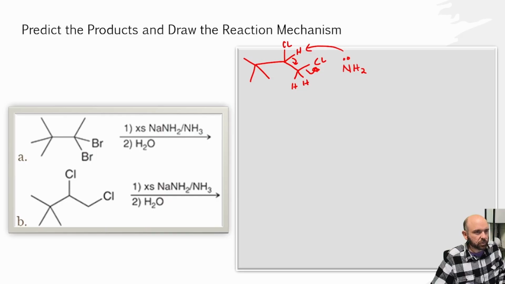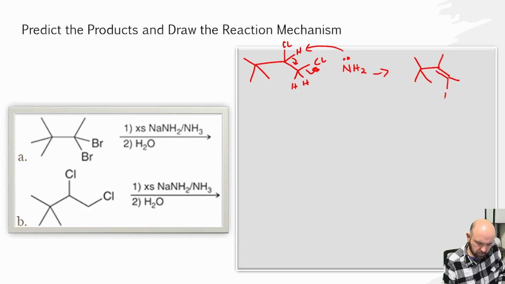So we see proton transfer, loss of a leaving group to give us our first E2 elimination. We still have a chlorine there. Redraw that over here, maybe a little bit better.